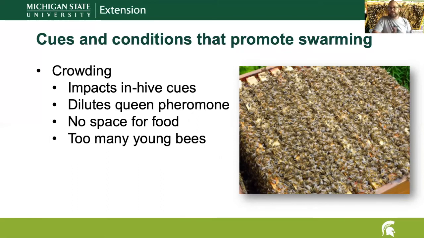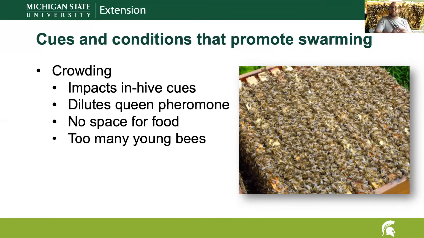So since space becomes such a big issue in crowded hives, we also have no space for food being brought in by foragers. So again, you've got this competition for space. There's no place to put food. There's no place to put eggs. The individuals that are storing food and the queen are jockeying for position this entire time to try and find somewhere to put these things.